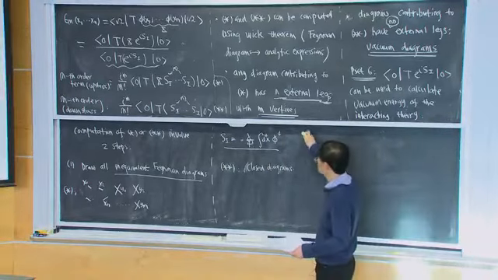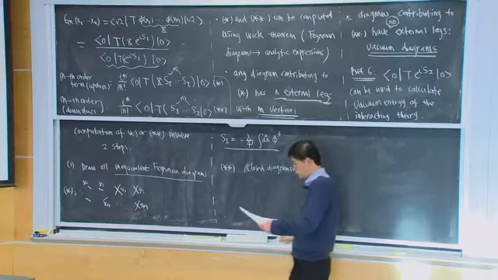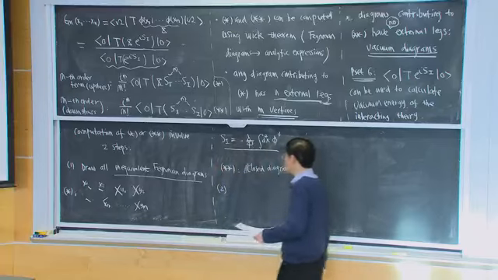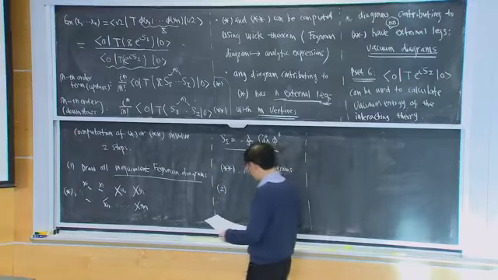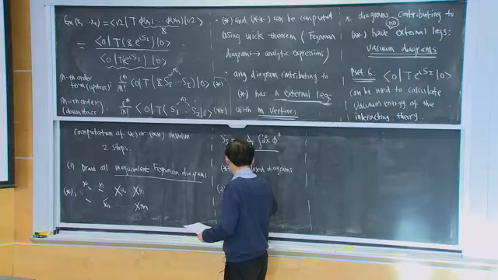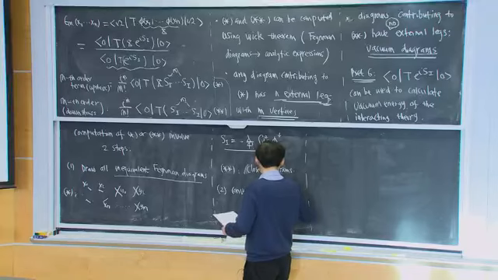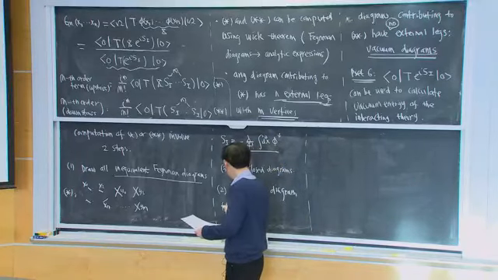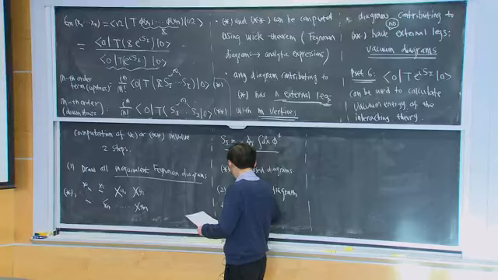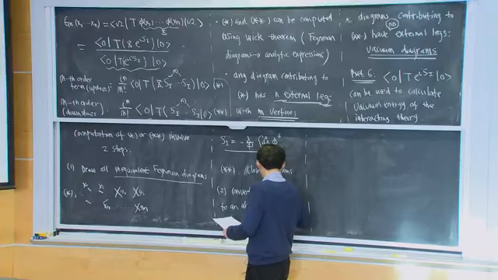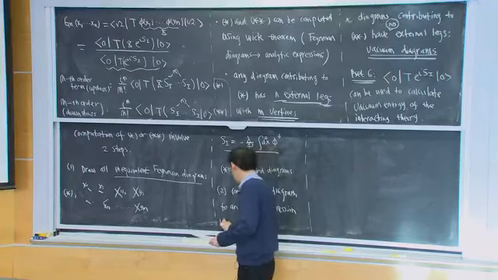And the second step is that once you draw all the inequivalent diagrams, you can convert each diagram to an algebraic expression using Feynman rules.